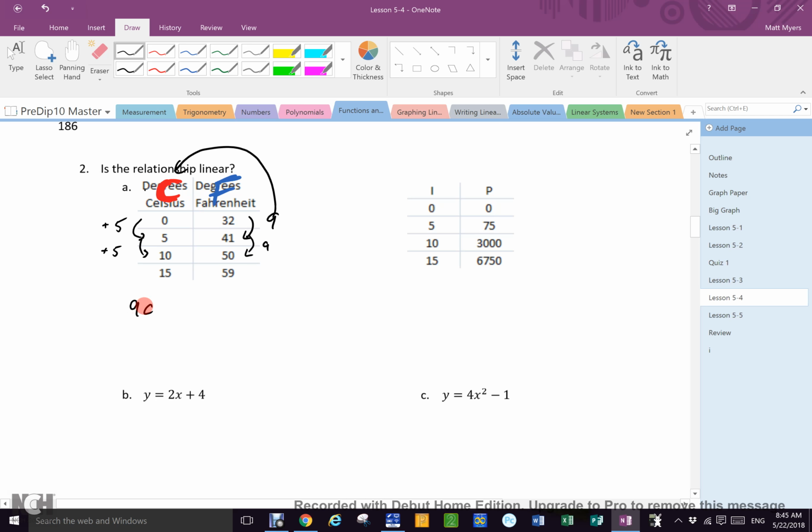But that 9 times C is going to equal 5 times F, isn't it? Does that help me? No. I don't need to know what happens when I move up 5 degrees. I need to know what happens when I move up how far? 1 degree. So how do I get that F to a 1 right now? Divide by 5, divide by 5, right?